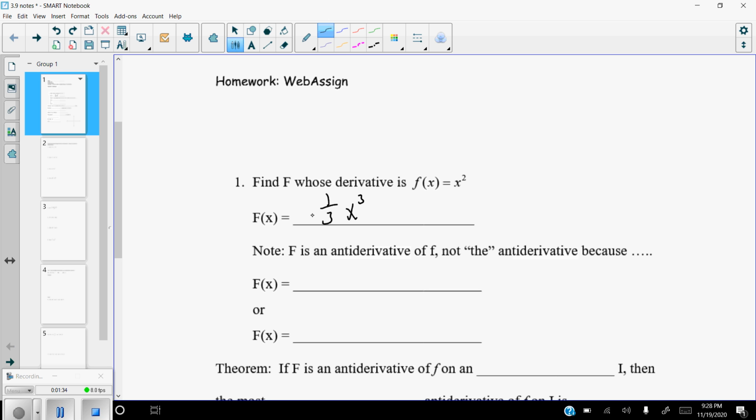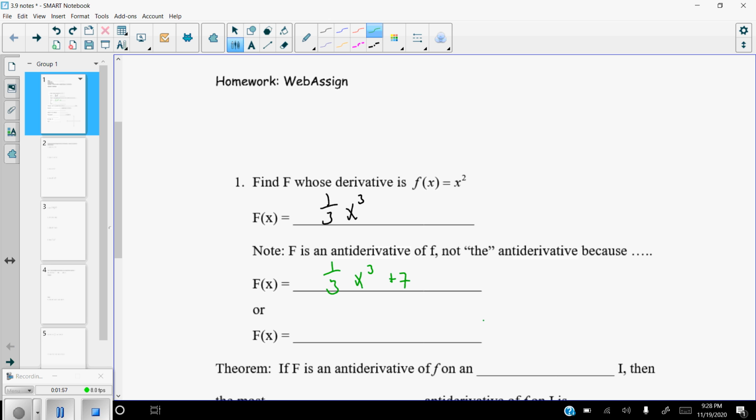So here's the big thing. Note that capital F of x is an antiderivative of lowercase f, not the antiderivative. And that's because of this. Let's say that I started off with capital F of x being 1/3 x cubed plus 7.